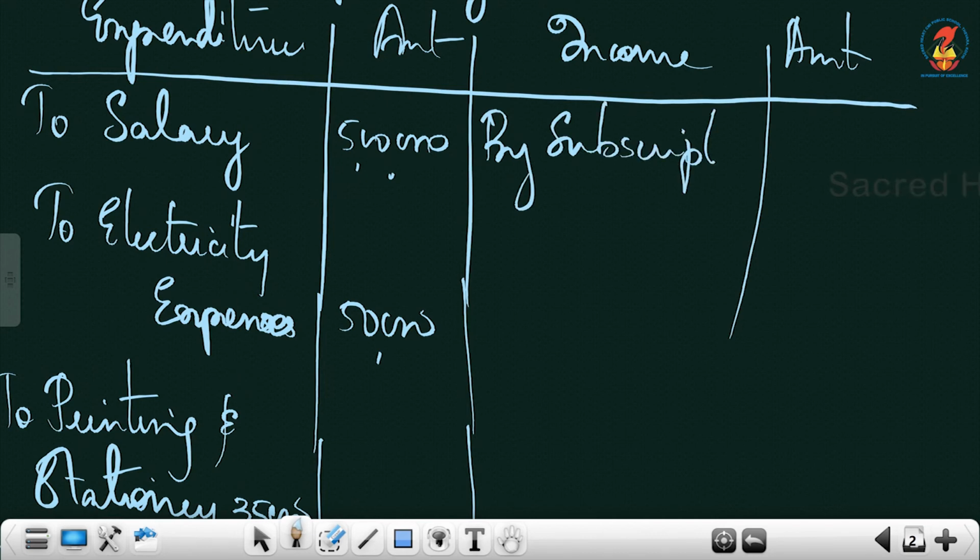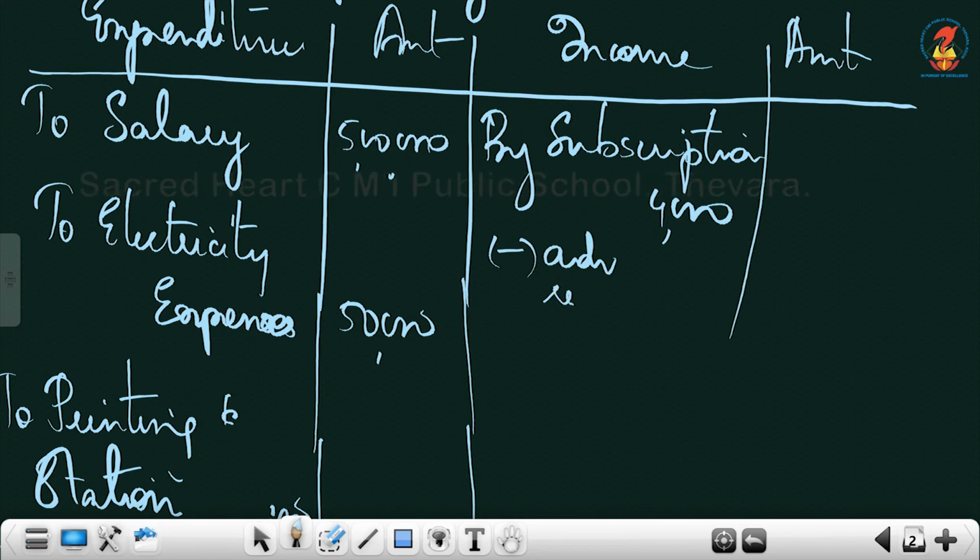So by subscription, in the inner column we will write the received amount, that is 4 lakhs, then less advance received, that is actually for the next year. This is the advance received at the end of this year, so that will be for next year.